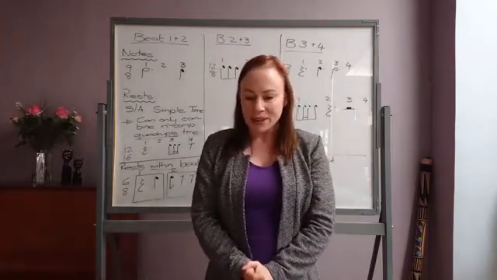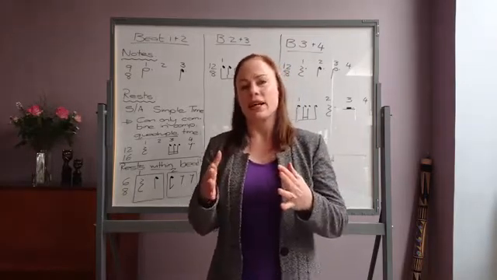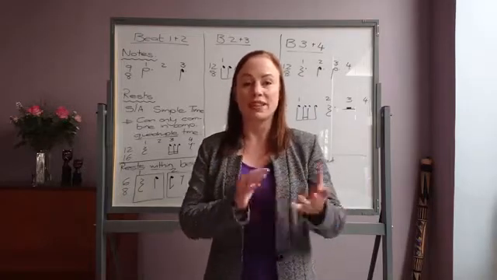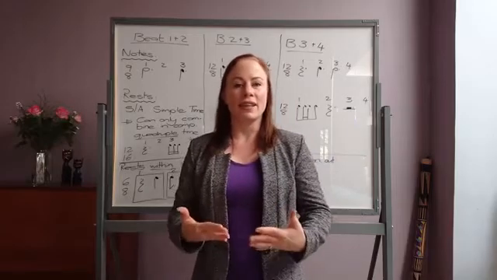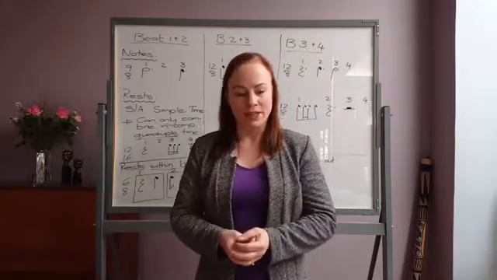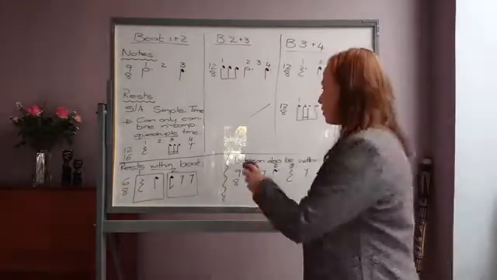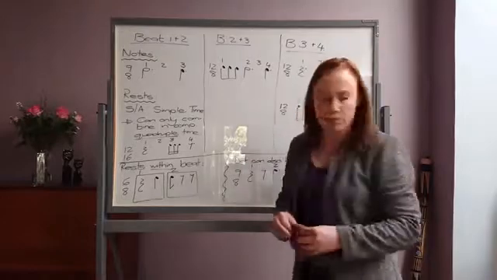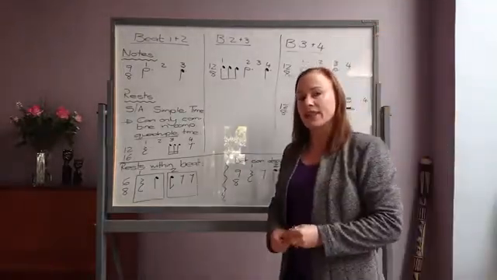So I first want to quickly make sure that you still remember the main difference between simple time and compound time, and that is the value of our beat. I'm going to quickly steal some space here because I need to check that you understand this.